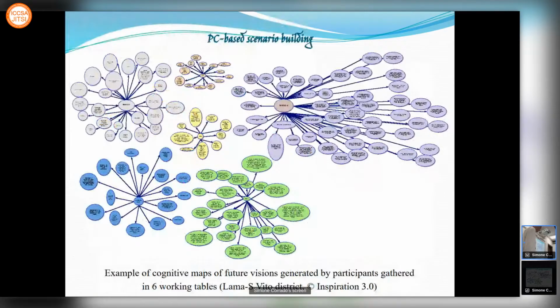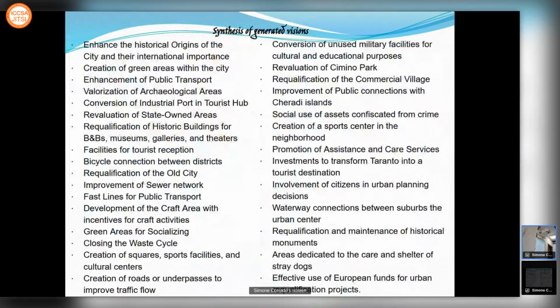Conceptual maps during these meetings, and this is a synthesis of the visions carried out with this hybrid method of PC-based interacting with people. The visions for the future for the people, by the people.